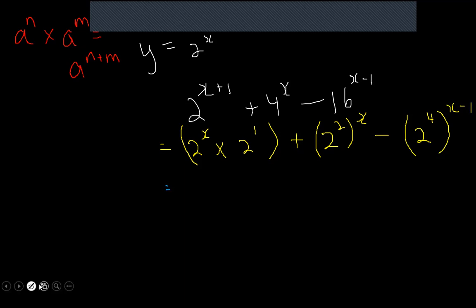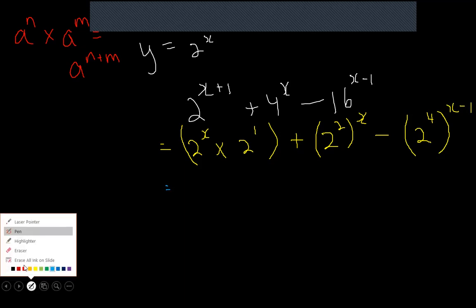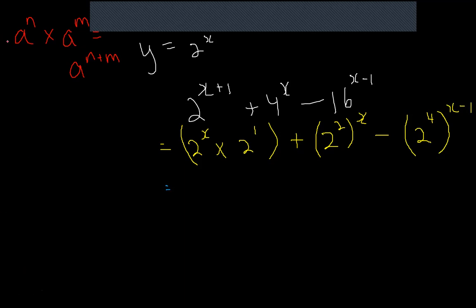We know the rule that anything raised to the power of 1 is itself, right? So a raised to the power of 1 is going to give me back a. 2 raised to the power of 1 is going to give me back 2.